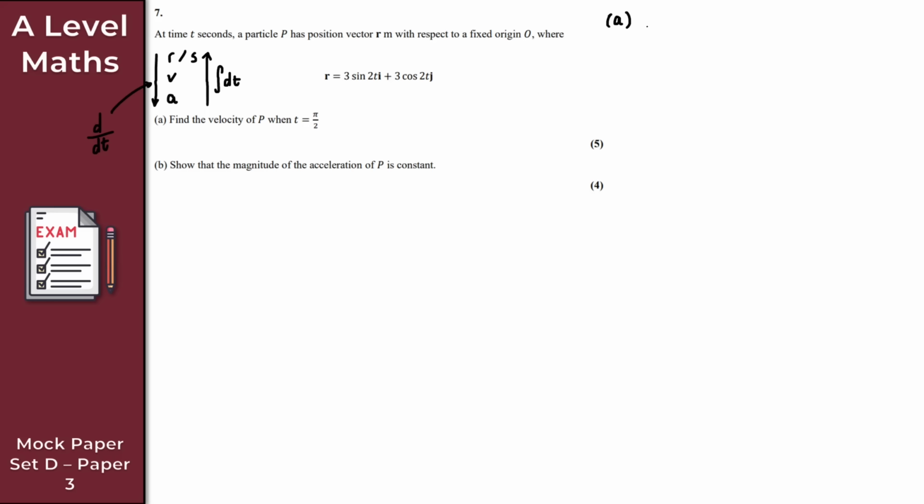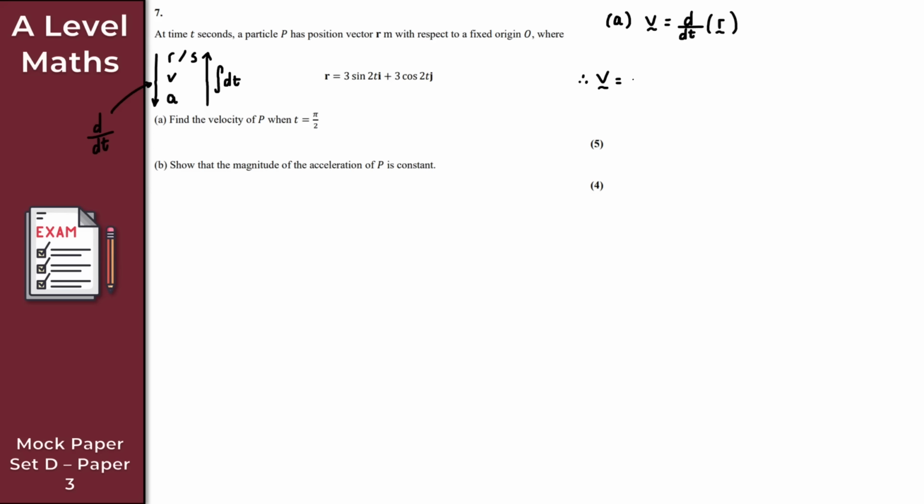So as we already mentioned then, the velocity vector v here is equal to d by dt of the position vector r. We just do this underneath here. The velocity vector is going to be, so just differentiate term by term here, right? Nice and straightforward. So the 3 sine 2t i, that just differentiates to give us 6 cos 2t i.